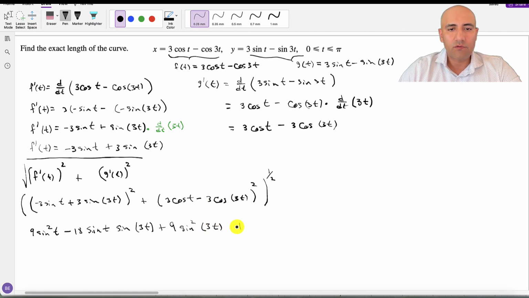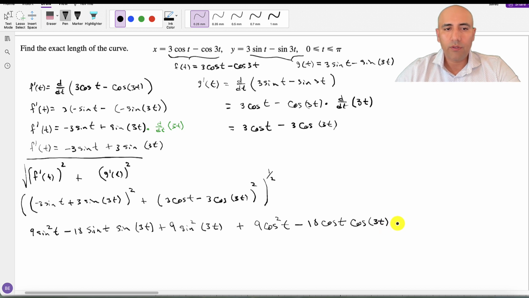Now the second one becomes plus 9 cosine squared t minus, again, minus 18 cosine of t times cosine of 3t, and plus 9 cosine of 3t squared. There. And then the whole thing is being raised to the power of 1/2.